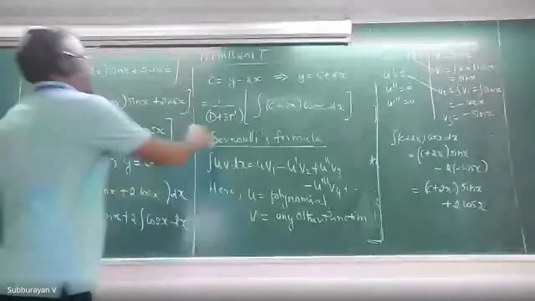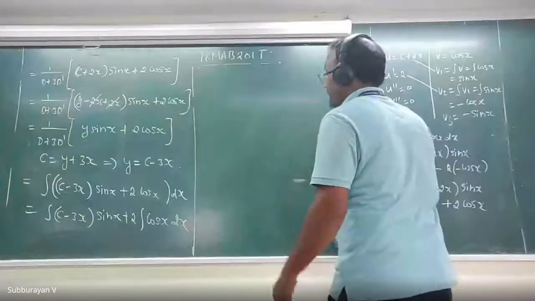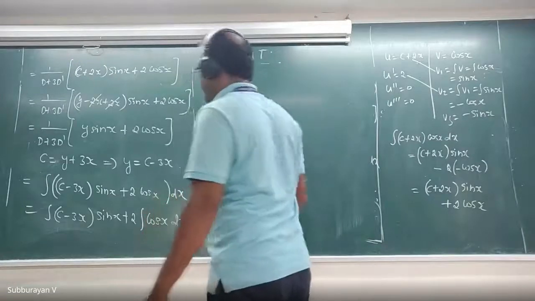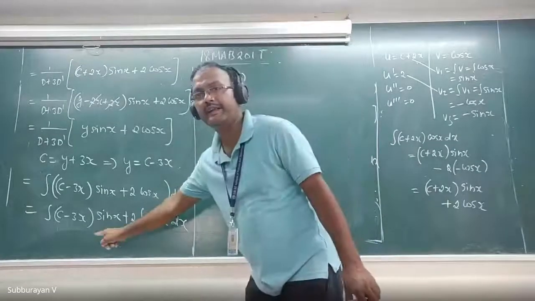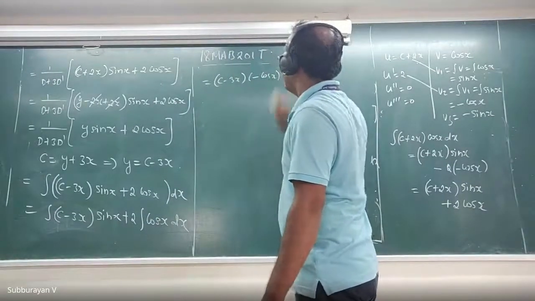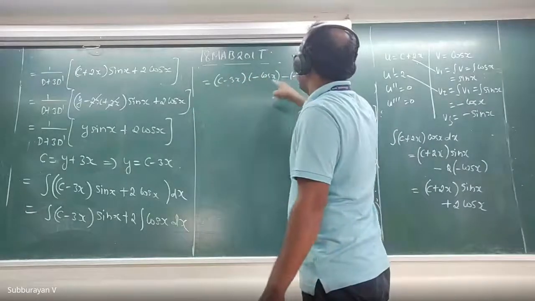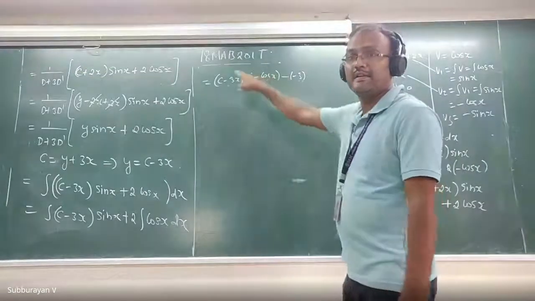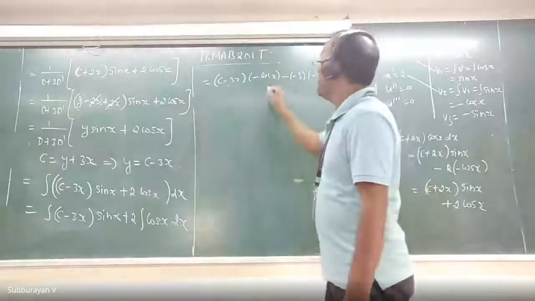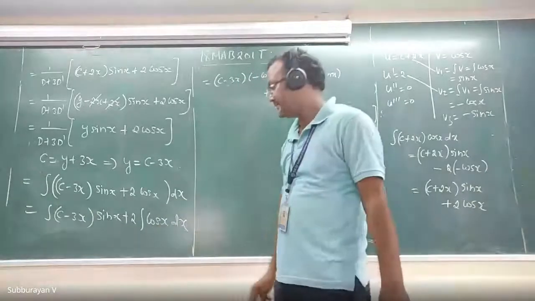Here you please integrate this. So that is equal to c minus 3x into, what is integration of sin x? Integration of sin x is minus cos x. And then minus, differentiation of this is minus 3, and then integration of this is again minus sin x, plus twice, what is integration of cos x?